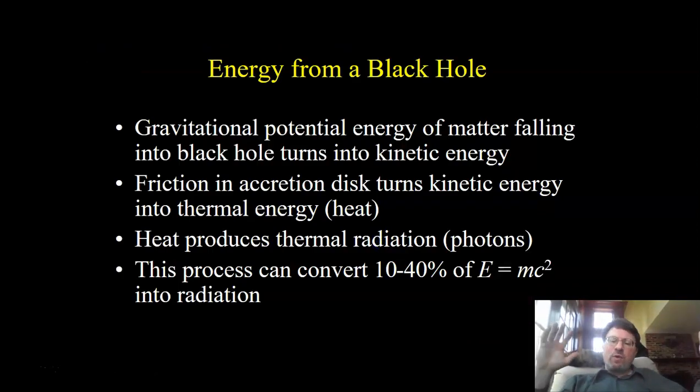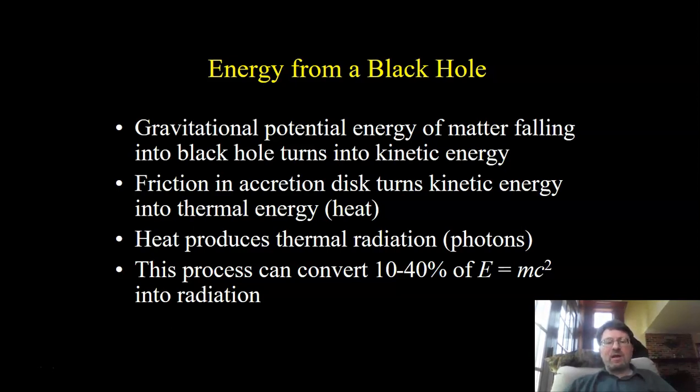As objects fall towards a black hole, they release a large amount of gravitational potential energy. That could be converted into kinetic energy as they fall faster and faster, and then into heat as it hits upon an accretion disk. Right? That hot accretion disk is going to glow, and that's why we see accretion disks in the gamma ray and in the X-ray.